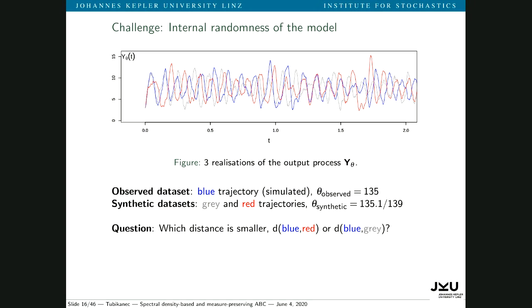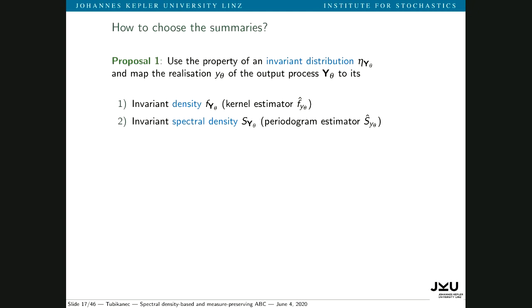And probably you agree with me that by looking at this type of data, it's very hard to answer this question. So the idea that we had is, instead of working directly with the paths of the output process, to make use of the property of the model that there is some underlying invariant distribution, and to map this data to its invariant density and invariant spectral density.